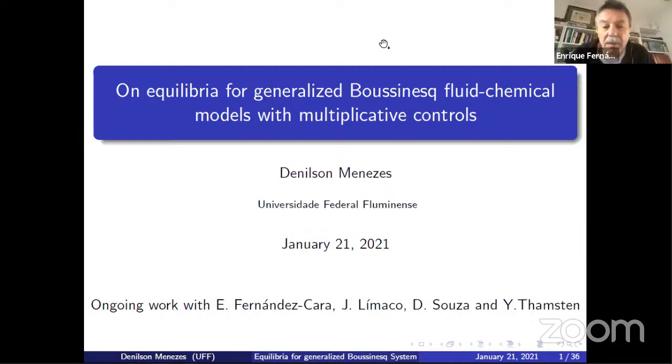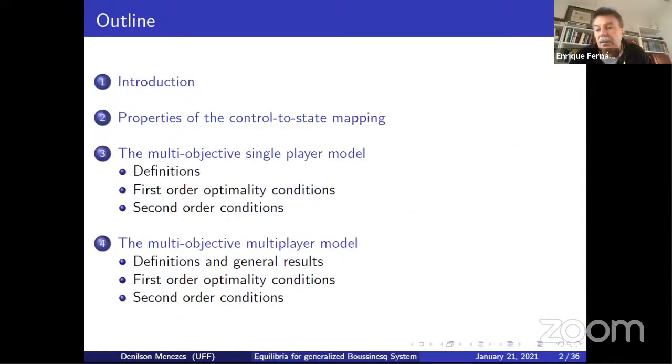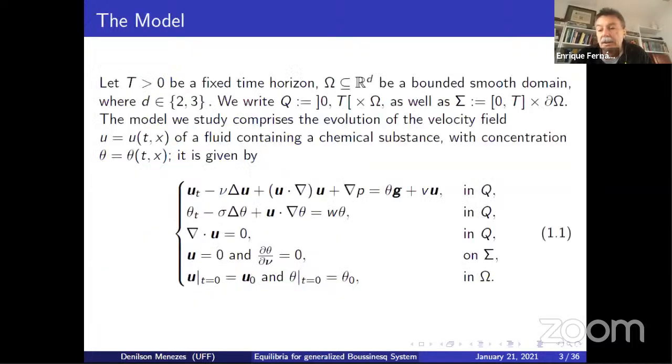Okay, I have a question. Maybe it's technical, but have you looked at other boundary conditions on the velocity or on the temperature? I mean, is everything okay in this case?